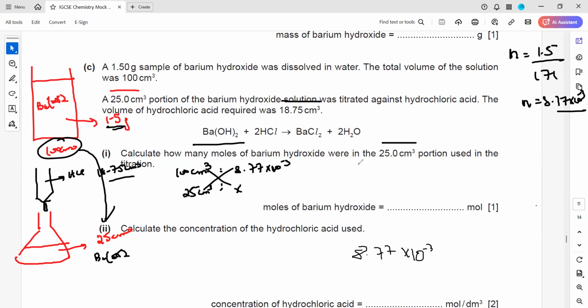Or you can also divide by 4. 8.77 exponent minus 3 divided by 4 gives 2.19 exponent minus 3.